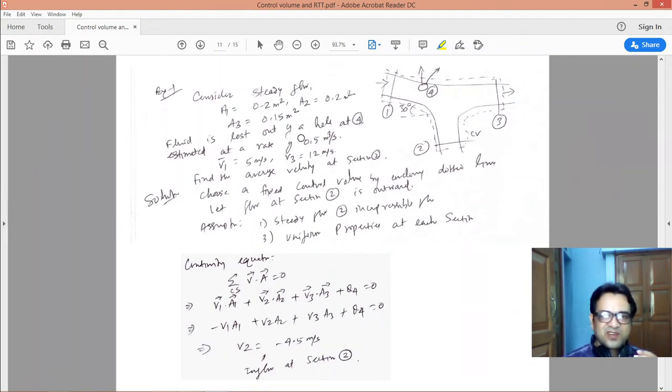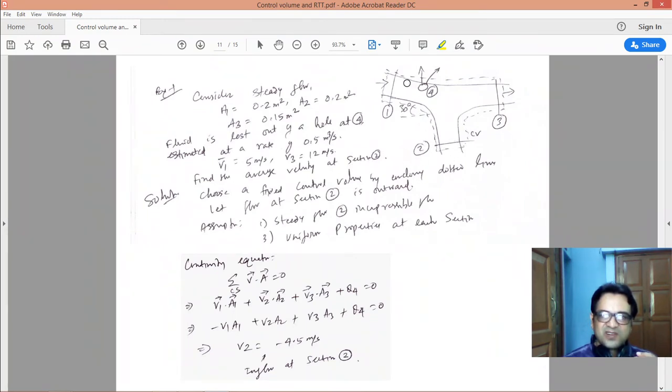Fluid is lost out of a hole at location 4, which is also out. Out means positive, as per the definition: the outward normal and the velocity vector are in the same direction, so outflow is positive and inflow mass flow is negative. V1 and V3 are given, so find the average velocity at section 2.